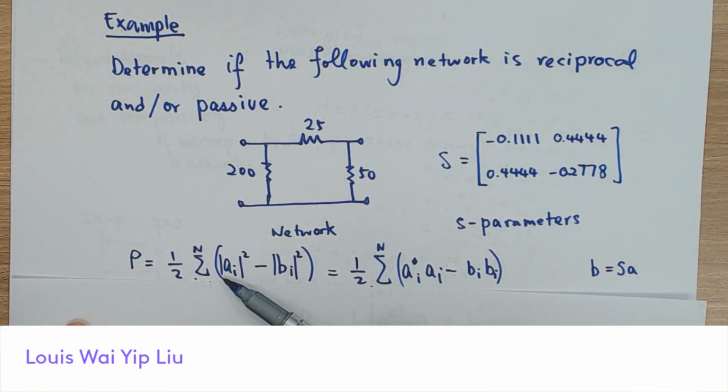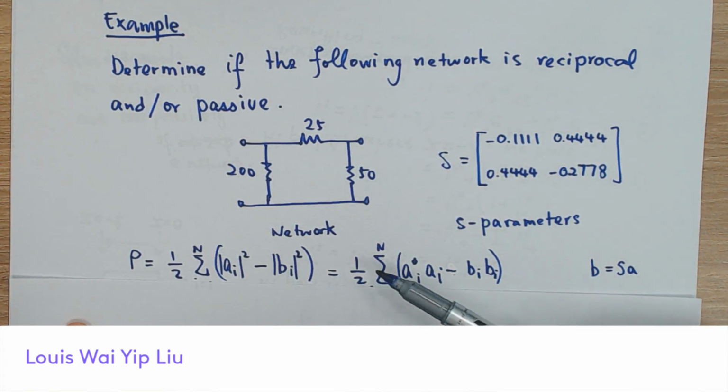The total incident power from all ports summed together, minus the total power reflected from all ports, is the power loss in the network.